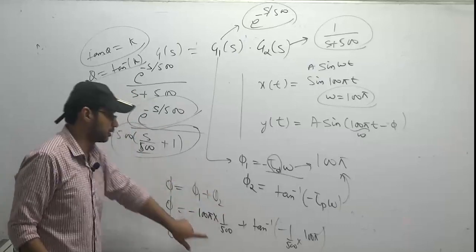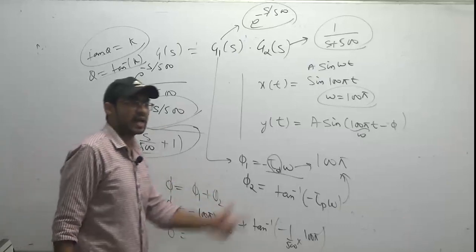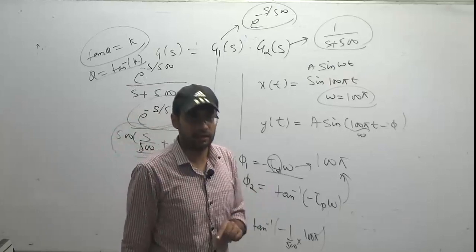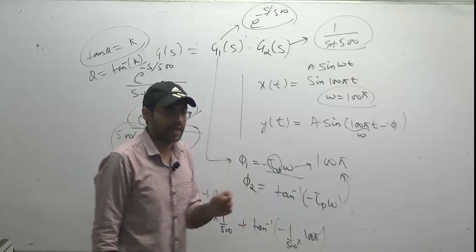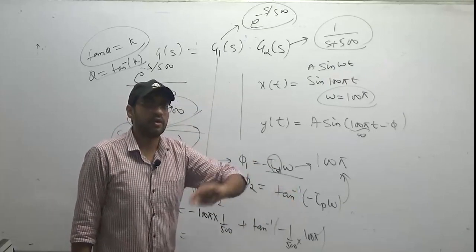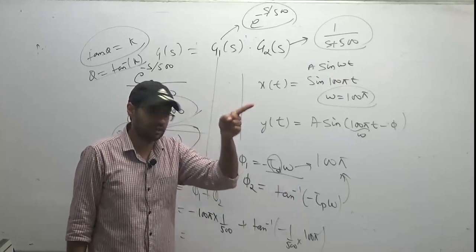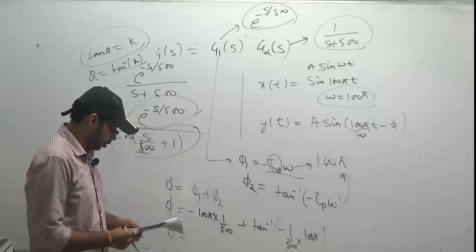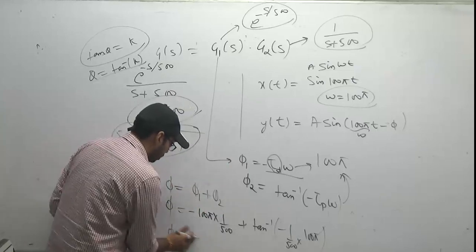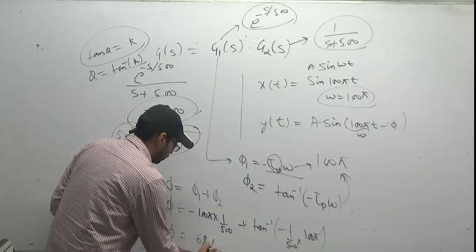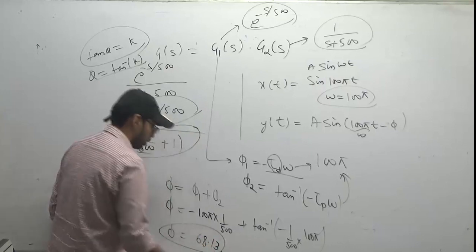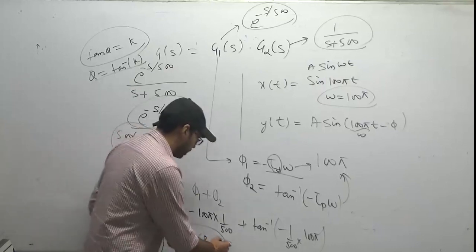We have discussed this in the class of lag time, and what is a lag? When a sinusoidal input is given to a first order transfer function. Now from there you are getting the answer, approximate 68.13 degree.